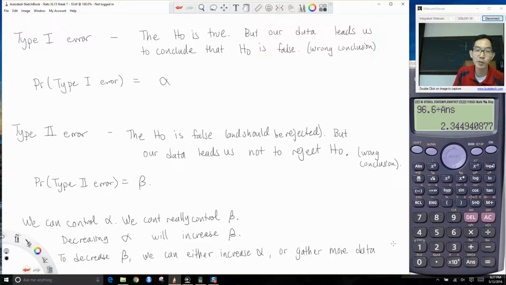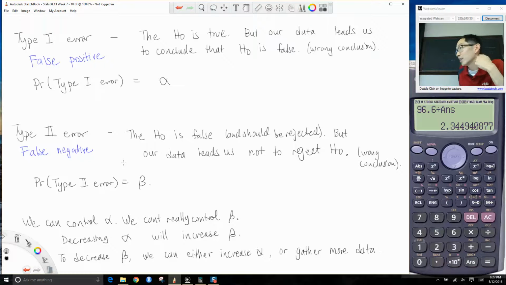Type 1 error, we often call a false positive. And type 2 error, we'll often call a false negative. These are associated more with medical tests and things like that.